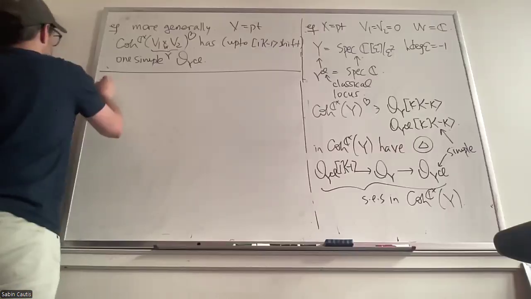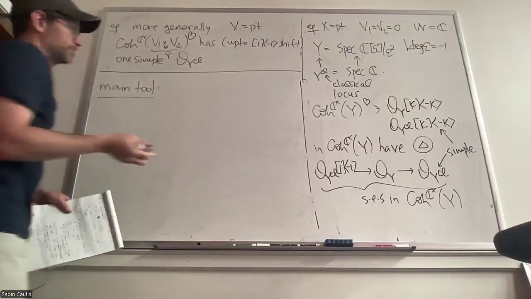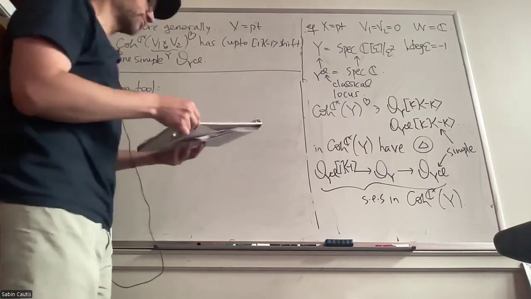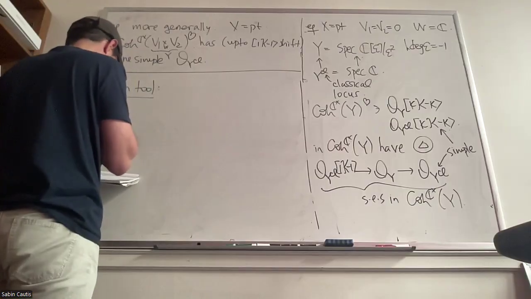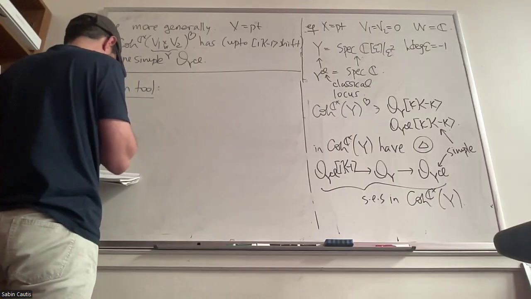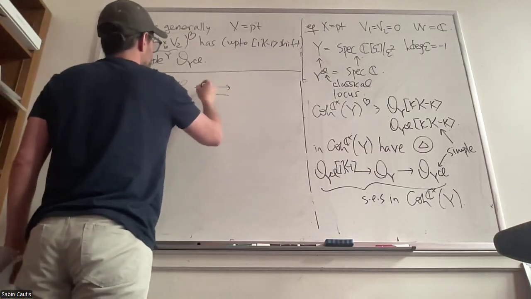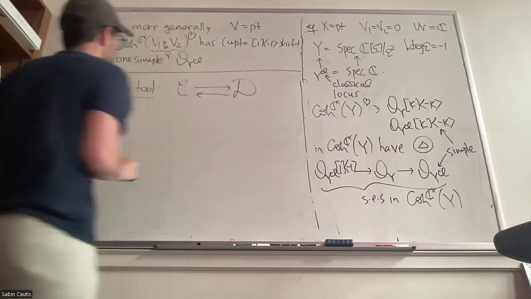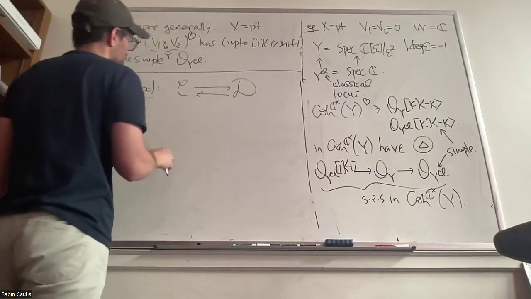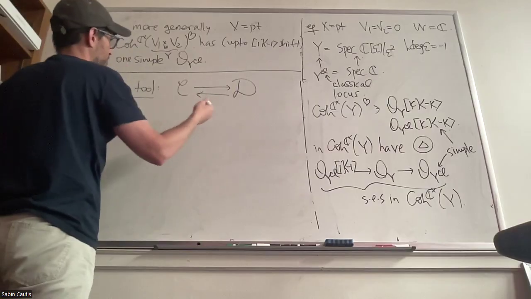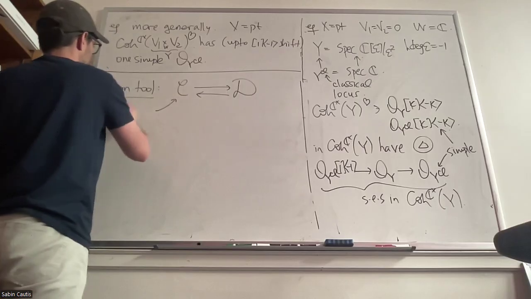So the main tools, at least I'm not going to go into all the details, but the main point I want to get across is they're in some sense fairly formal. Let me say it like this. So the idea is, suppose you have two categories. These categories you think of as being derived categories, what are often called infinity categories.